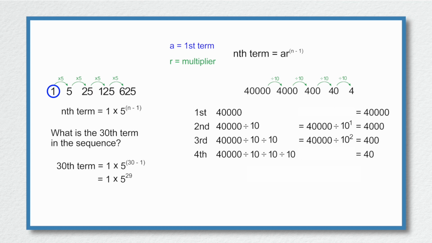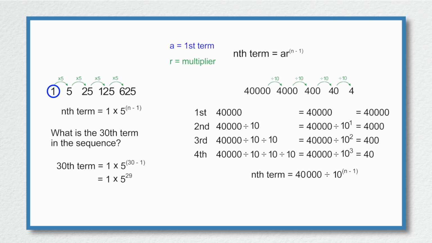And for the fourth term, we've got 40,000 divided by 10 divided by 10 divided by 10, which is the same as divided by 10 to the power of 3. And we can see that for our nth term of this pattern, it's going to be 40,000 divided by 10 to the power of n subtract 1, where 40,000 is our first term and 10 is our multiplier.